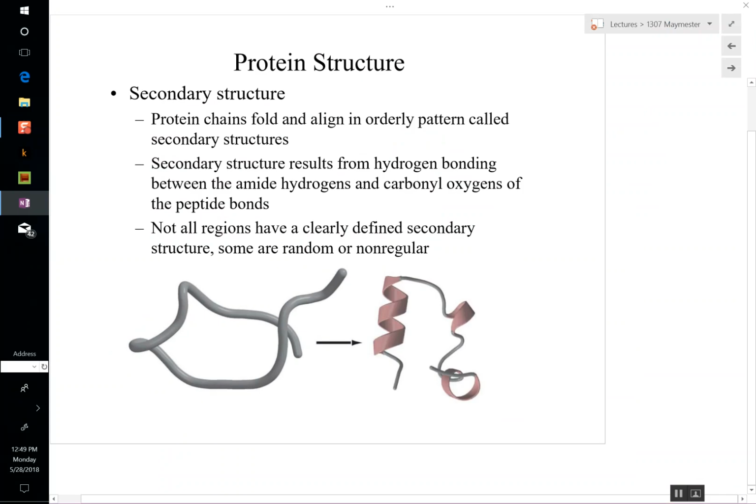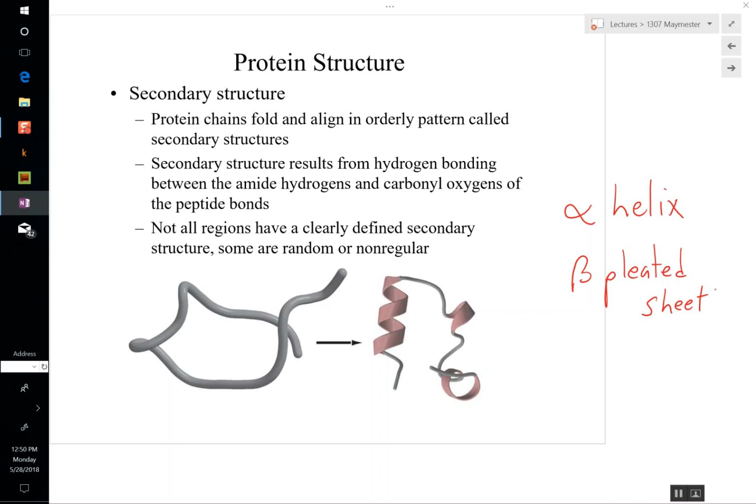Okay, secondary structure. There are two main shapes that come into play in secondary structure: the alpha helix and the beta pleated sheet. All right, what you're seeing right here is a little bit of helix or alpha helix structure in a protein.